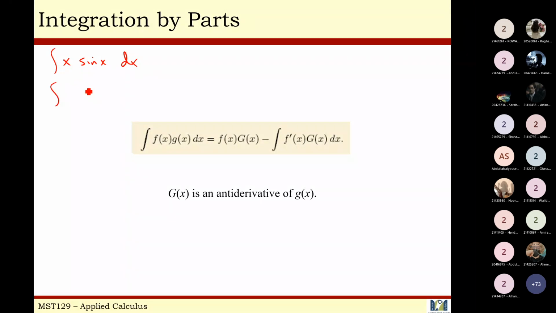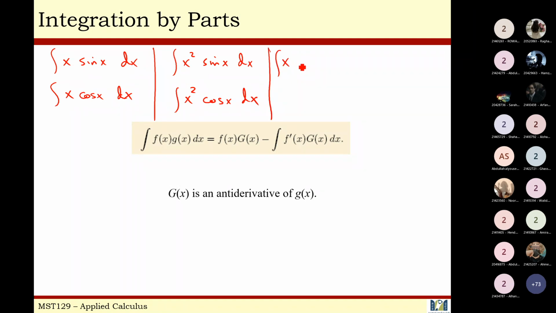If we have x multiplied by sine, or x multiplied by cosine, or x squared multiplied by sine, or x squared multiplied by cosine. Okay, or for example, also if we have x multiplied by e to the x, look at the power and the multiplication with e to the x, this is the same power.